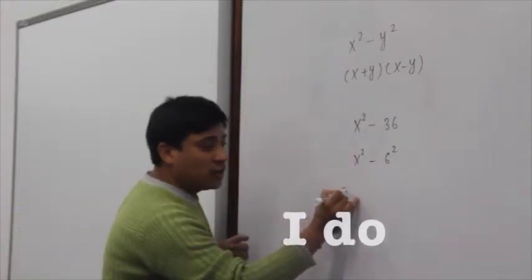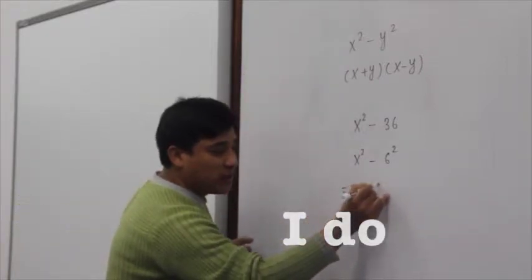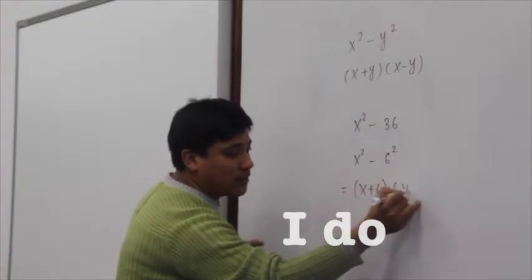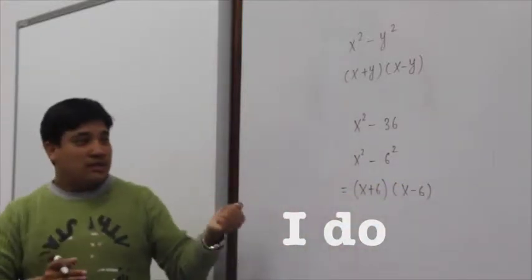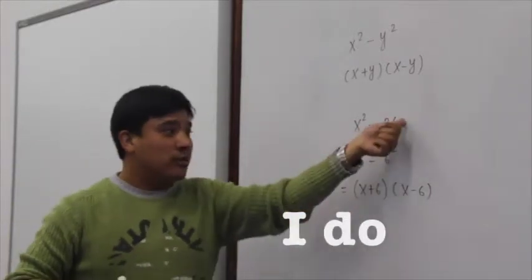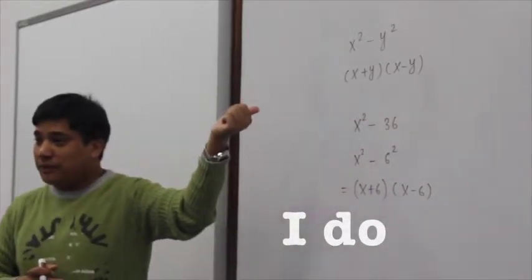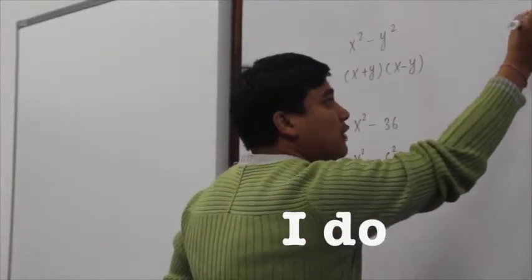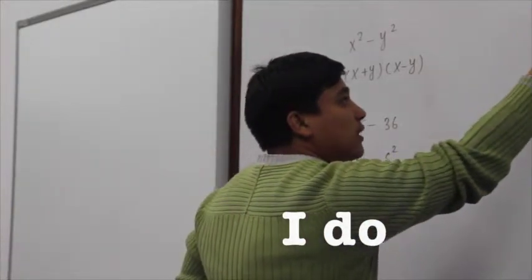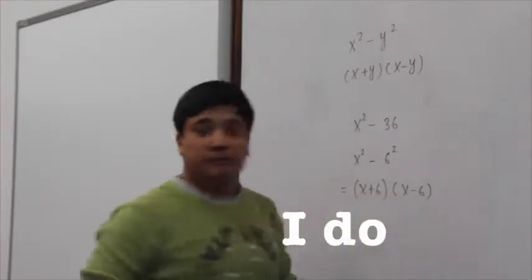So here what can I do? (x plus 6)(x minus 6). And if you write (x minus 6)(x plus 6) also, that's okay. Does it make sense? That's the reason why I also made you remember some of the perfect square numbers, right? Is it clear?